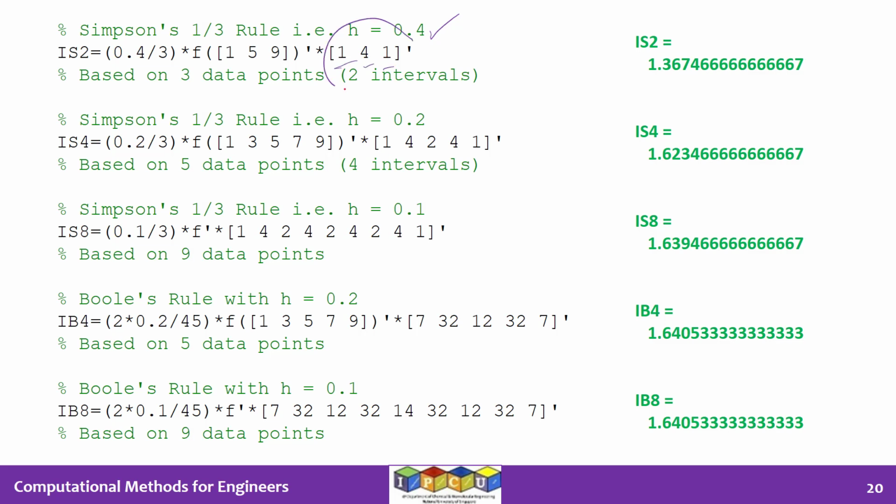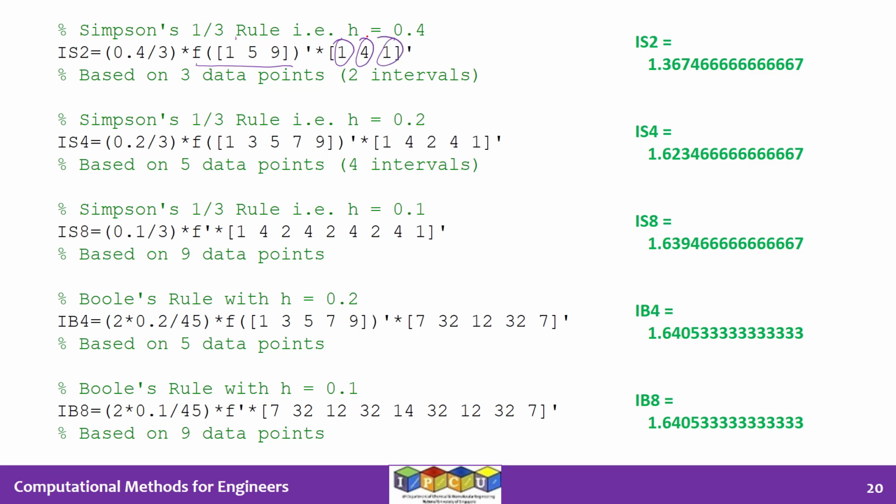So these are the weights W1, W2, W3, corresponding to data points F0, F4 and F8. And this is h by 3 for Simpson's 1/3 rule. So this would produce the product of the first element of F with a weight of 1, the second element of F with a weight of 4, the third element of F with a weight of 1.